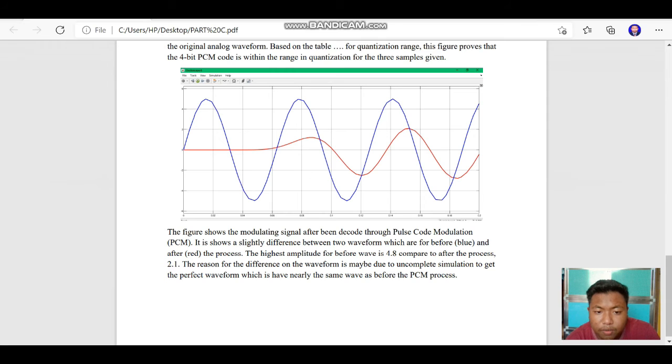The reason for the differences in the waveform is maybe due to the incomplete simulation to get the perfect waveform, which could be nearly the same as the wave before the PCM process. So we could say that this simulation is good. So that's all for part C.